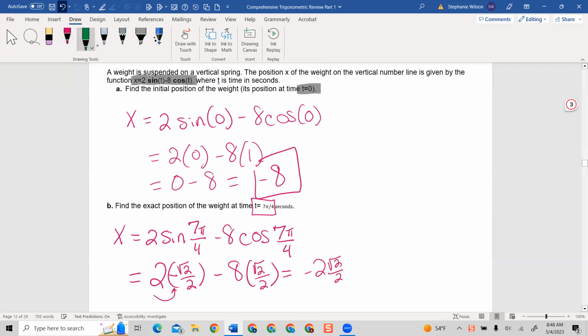I can put a 1 in the denominator here, and notice that my 2's reduce. So minus my 8 square root of 2 over 2. Again, I put a 1 underneath my 8, and we're multiplying, so the 8 and 2's reduce. So now what am I left with? Negative square root of 2 minus 4 square root of 2.